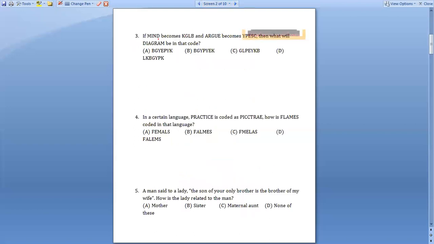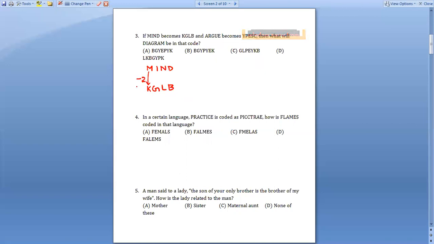Question number 3, coding and decoding. Mind becomes KGLB. So M is coded as K. So observe what is the difference between M and K. So clearly it is M minus 2, right?